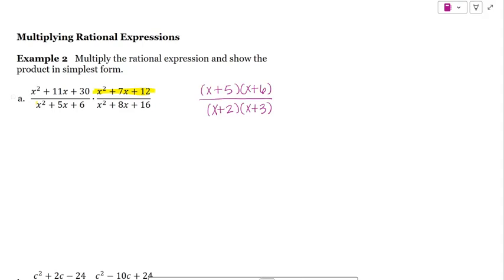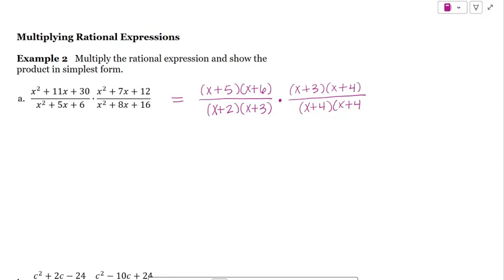That factors into x plus 3 and x plus 4. And then the denominator there is x plus 4 times x plus 4. All right, so these are my two fractions that are being multiplied together.